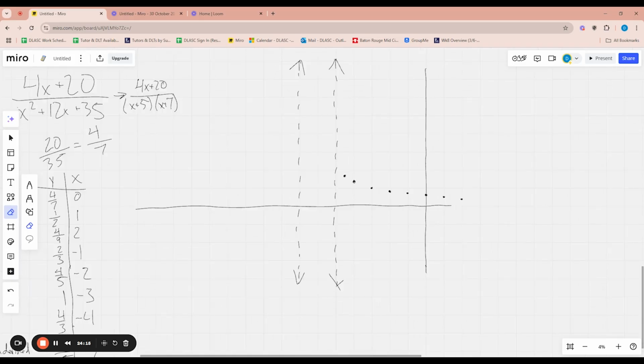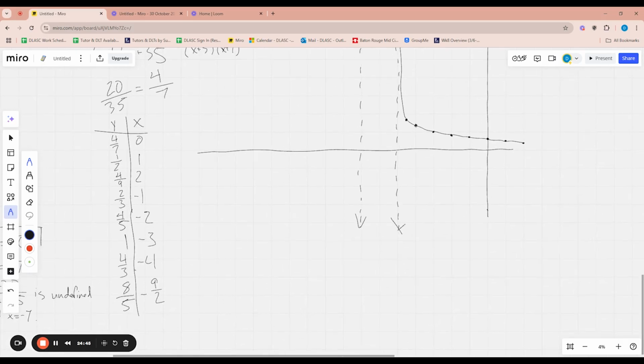Now that we have these points leading up to this first asymptote, we can tell that because of the direction and the flow of how these points are moving, and forgive my shaky hands, that line is going to be moving towards the asymptote, moving up towards infinity.